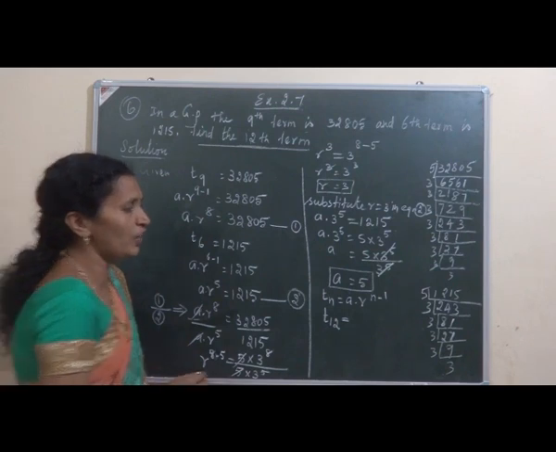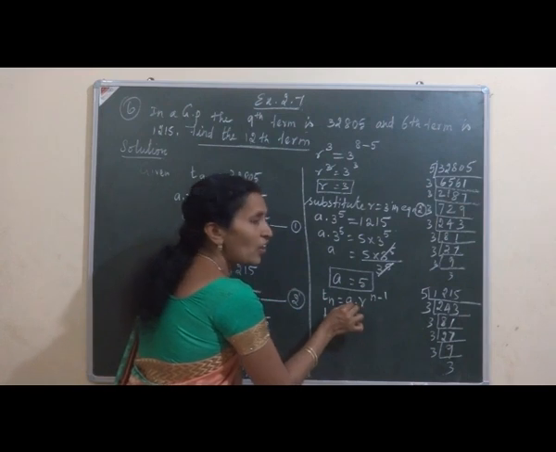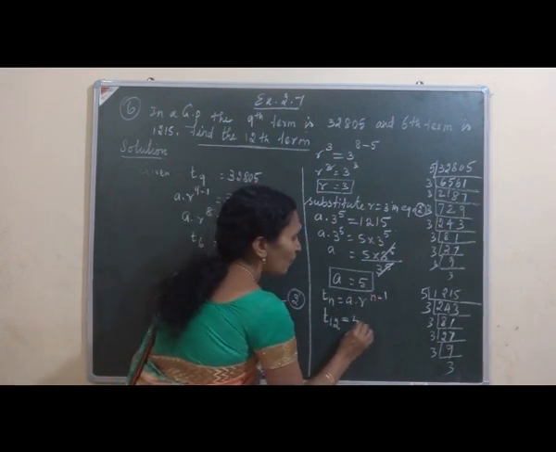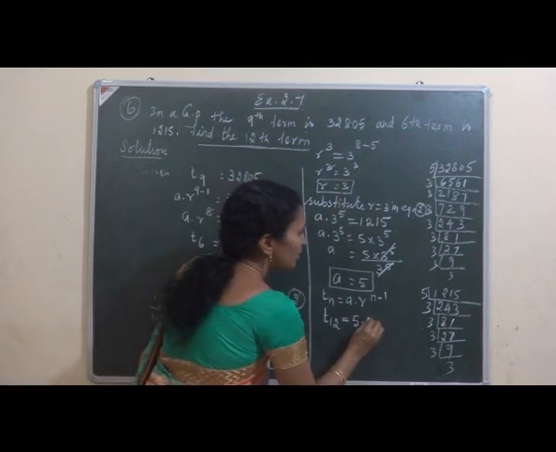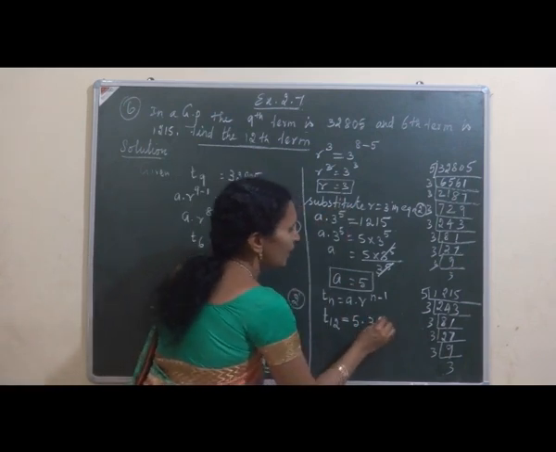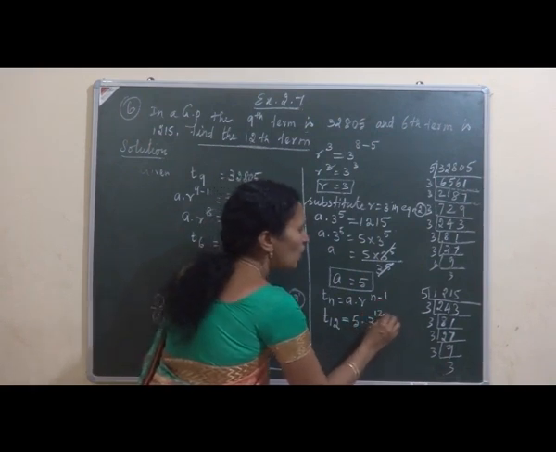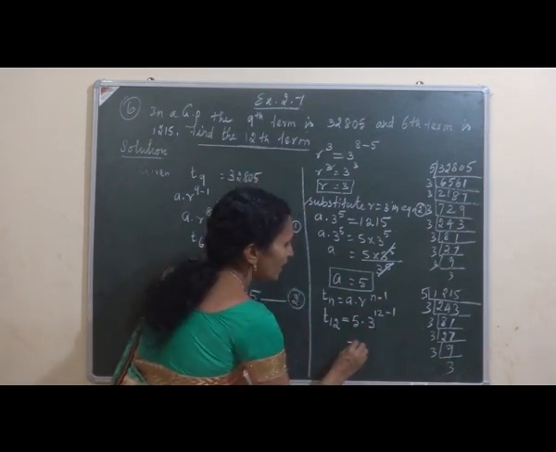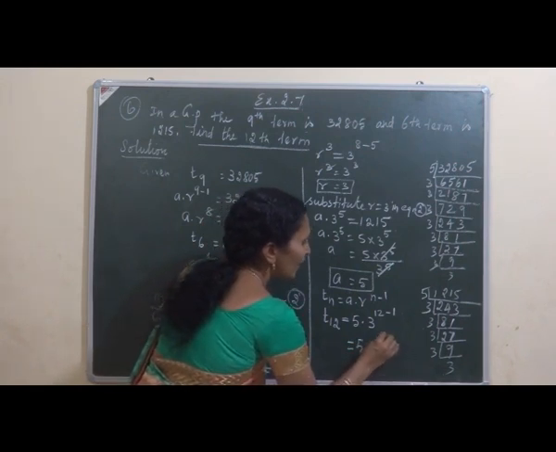So T12 equals, apply the values. What's the value of A? 5. 5 into, what's the value of R? 3 into, what's the value of n? 12 minus 1. So this is equal to 5 into 3 power 11.